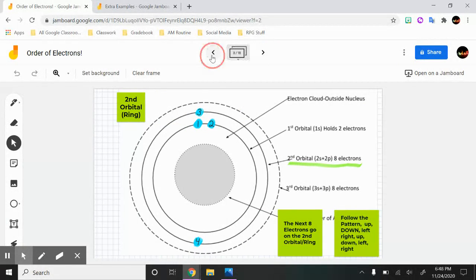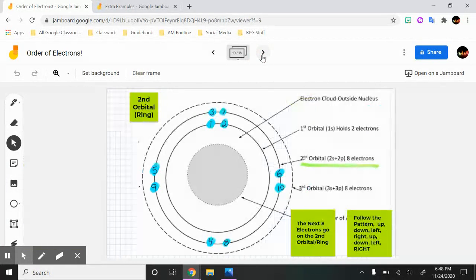Practice the pattern. It's kind of like a cheat code in a video game. Once you've practiced it a bunch of times, it's going to be stuck in your head forever. So once we're on the second ring, we go up, down, left, right, up, down, left, right.